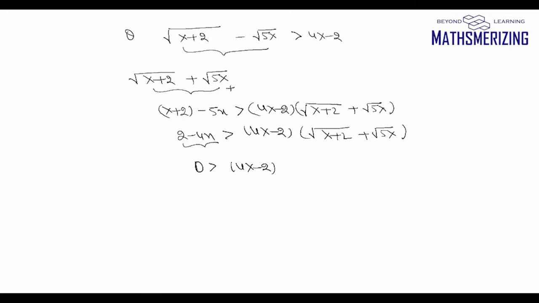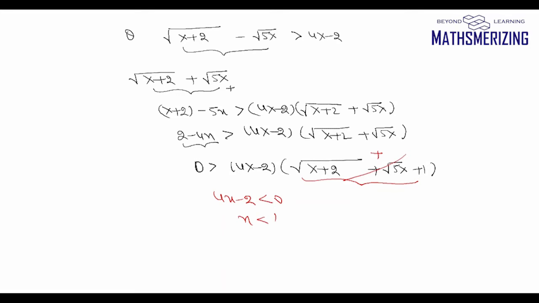I'll take 4x minus 2 common, and here I'll get under root of x plus 2 plus under root of 5x, and then plus 1. Now this expression, under root of x plus 2 plus under root of 5x plus 1, is always positive, so I can remove it from the inequality. If I solve it, I'll get 4x minus 2 should be less than 0, x is less than 1 by 2. So the answer to this question is x is less than 1 by 2, provided conditions of domain are satisfied.